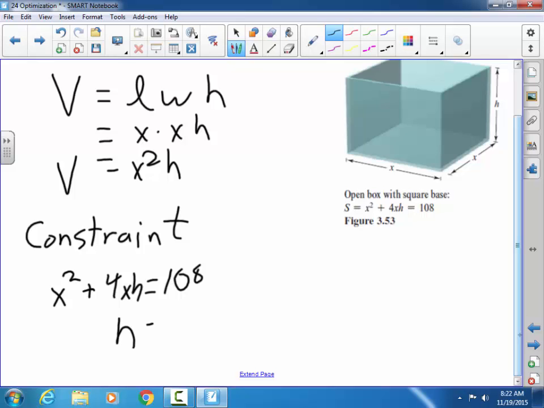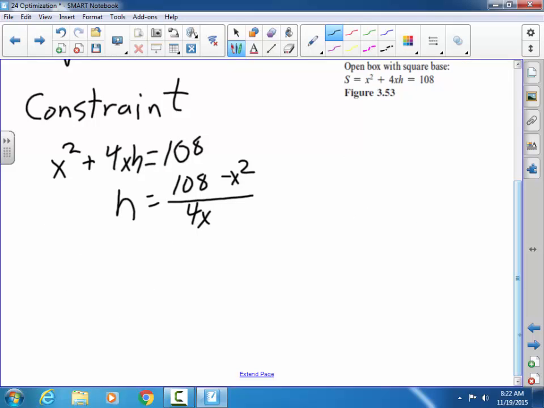We'll solve this for h. We get 108 minus x squared all over 4x. And now we can substitute that back into our volume equation. So now we can say our volume is x squared times 108 minus x squared over 4x.